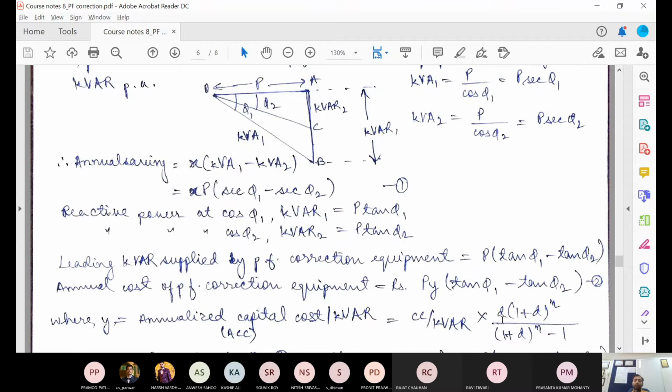Usually there is a discount rate because there is a time value of money. Let's say there is 100 rupees at present; one year down the line, the value of that same 100 rupee note would be lesser. Two years down the line it will be further lesser, because there is inflation in the economy, due to which the actual value of money goes on depreciating over the years. So that is what this discount rate can be taken as.